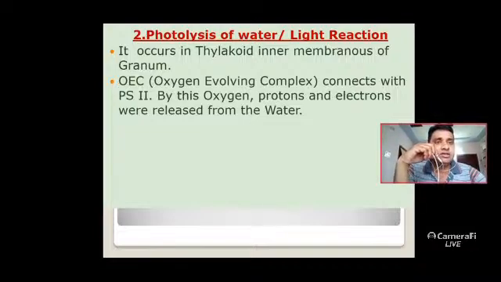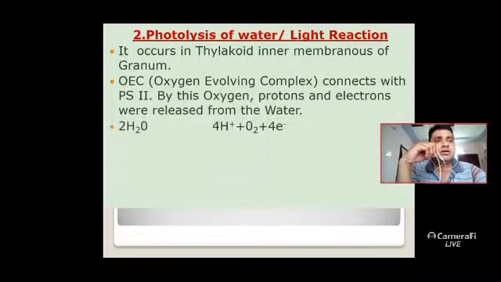So at the wavelength of 680 nanometers of photosystem 2, oxygen is evolved from the water. That means the oxygen evolving complex is connected to photosystem 2. You have an idea by this small equation.